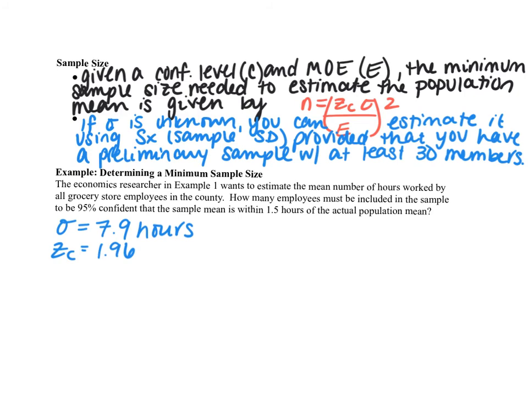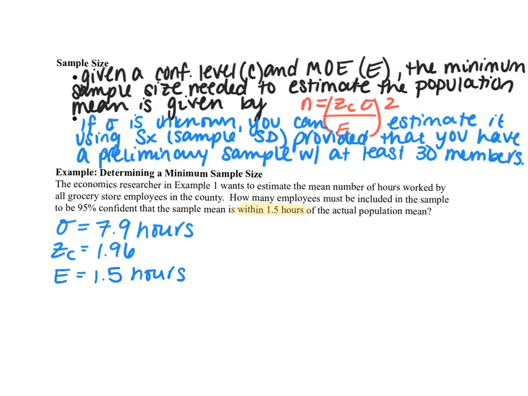This is where it can tend to get a little bit confusing. We want to be 95% confident that the sample mean is within 1.5 hours of the actual population mean. So when you see that phrase and you're trying to find the sample size, that's actually your E value. It's basically saying that our margin of error is either going to be 1.5 hours less than the actual population mean or 1.5 hours more than the actual population mean.